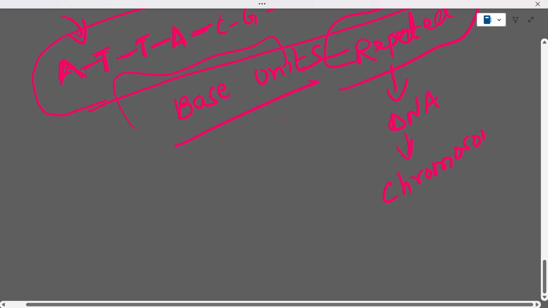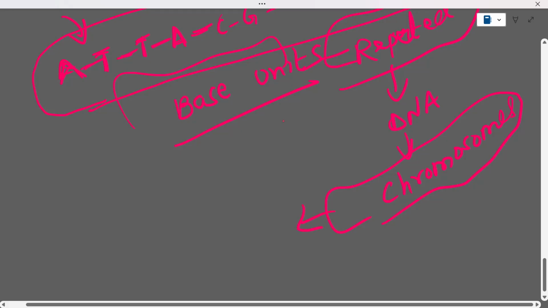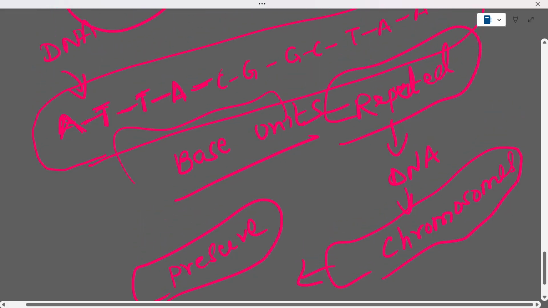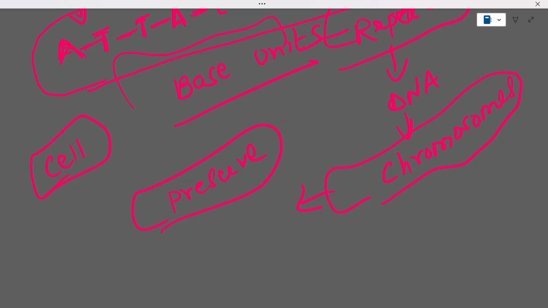This condensed structure is a mechanism of nature, the work of nature, to keep the DNA intact in its form. And such repetition of basic units exists in every cell, in every nucleus.